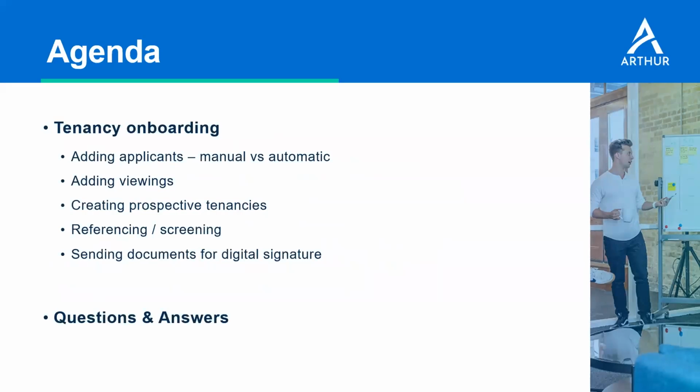We're going to take you through the entire tenancy journey from pre-tenancy, so the beginning of adding an applicant into the system, processing viewings, creating what we call prospective tenants, or a tenancy, should I say, processing any form of referencing, and also sending out your documents such as your ASTs or tenancy agreements, your guarantor forms, and so on, through the system for digital signature and the process behind that. And hopefully, if we get enough time towards the end, we can have a little Q&A.